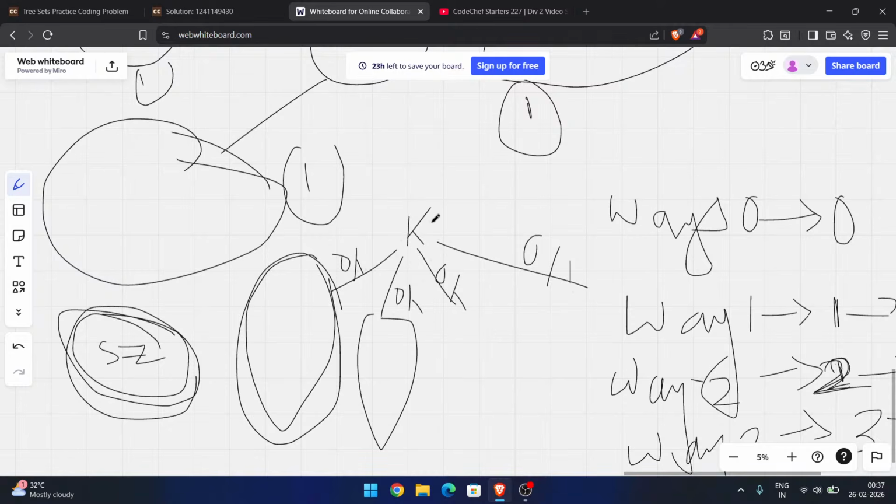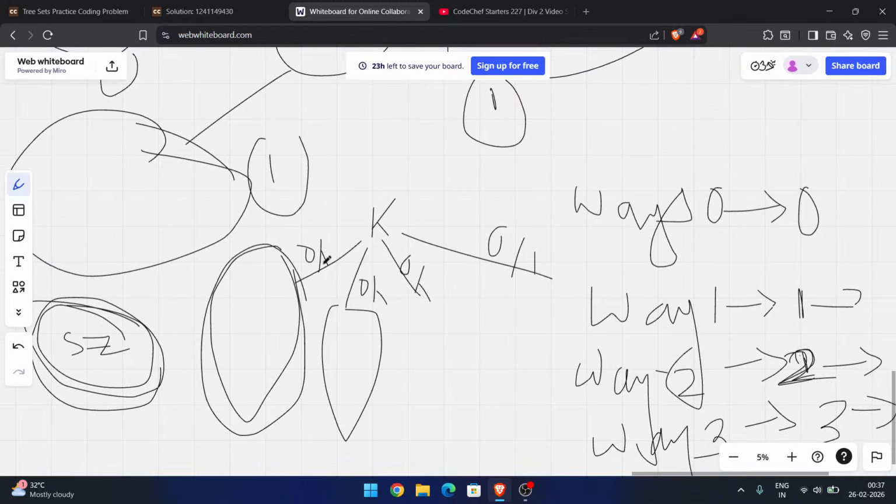Then both vertices of a path should be from different branches. So for every branch we have two options: either we take it or not take it.